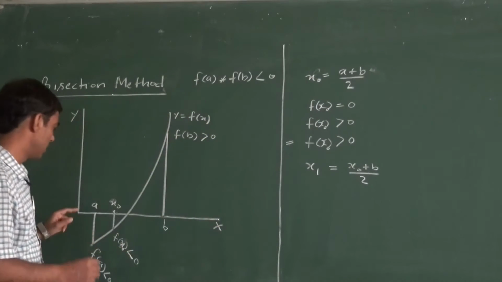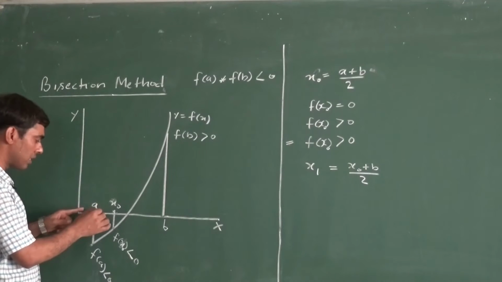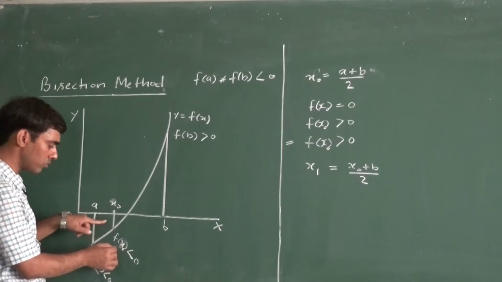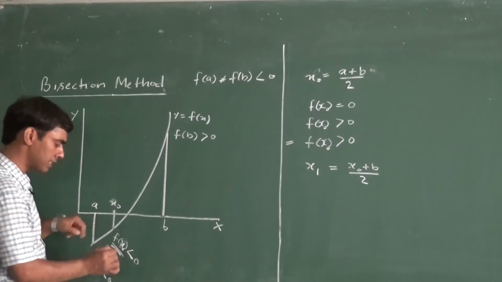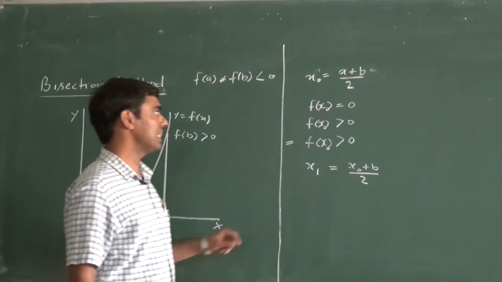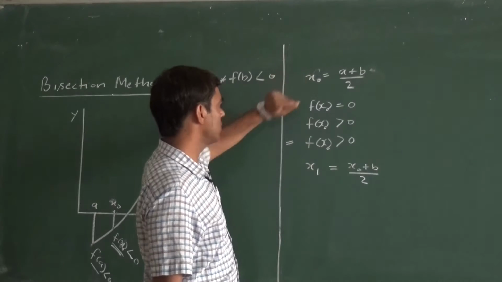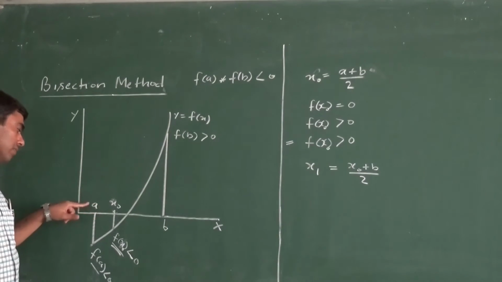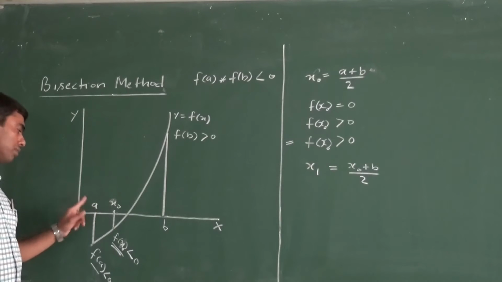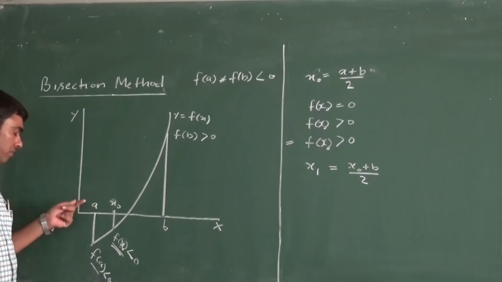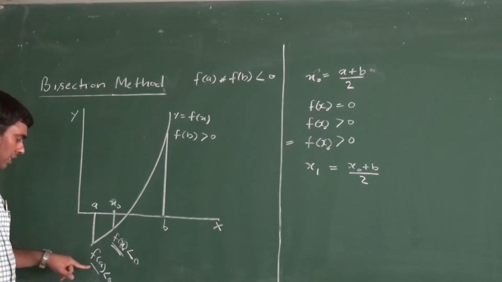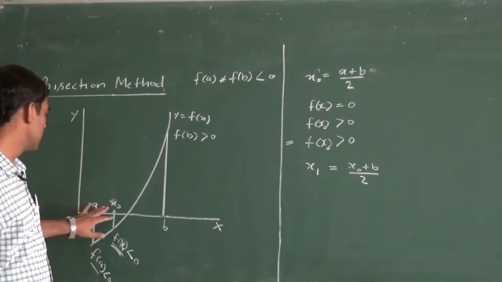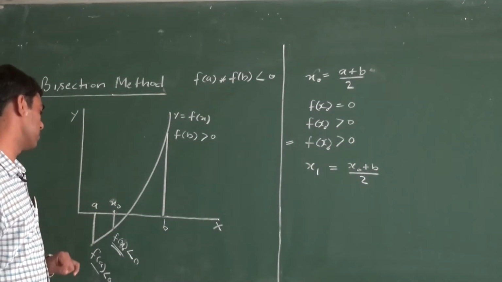This means we replace the value where the function is negative with the new value where the function is also negative. If at this point the value of the function is negative, then we replace the previous value at which the function was negative. So here we replace a by x0.